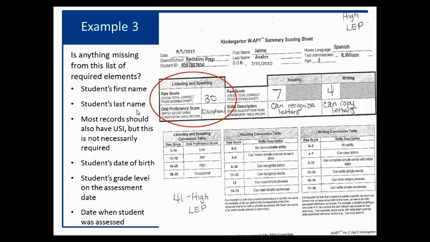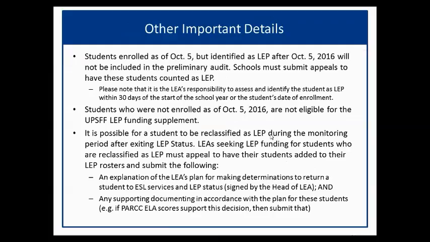Well, no. However, if you look at the score, the student actually scored a 30, which is a perfect score and above the threshold for consideration as LEP. So this student would be considered orally proficient and not actually qualify for LEP funding. Score is above the proficiency threshold.